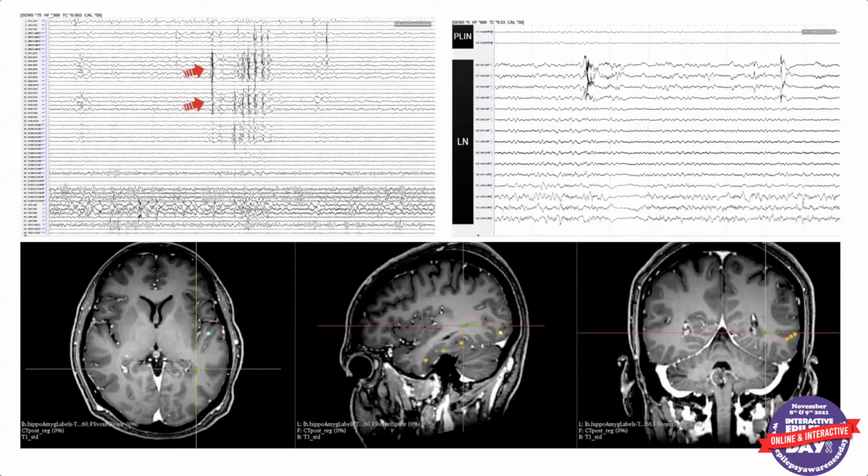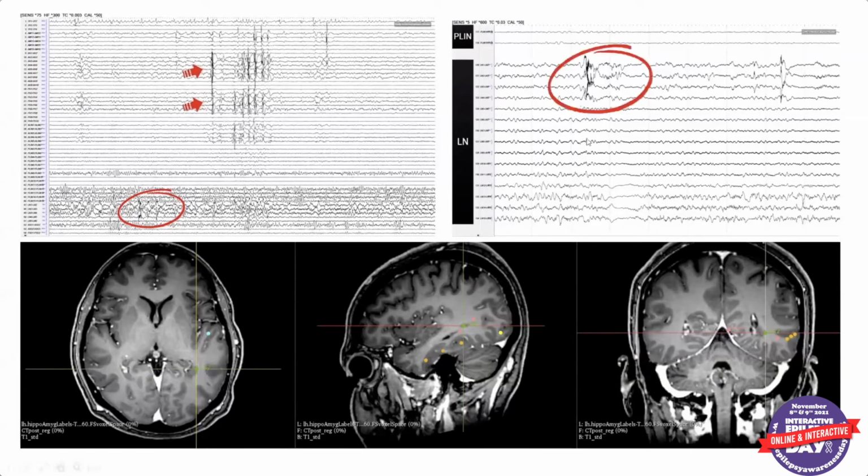This is the posterior part of the hippocampus showing us the same thing. At the bottom here, so these are the nodular electrodes, and you can see also that there is more or less continuous firing of the nodule on the left side. So we know that that is also involved in this patient's epilepsy.